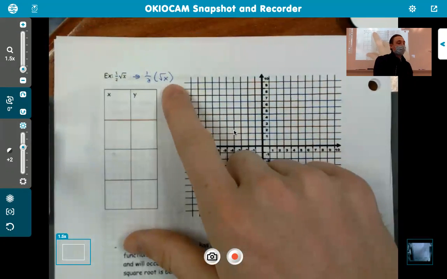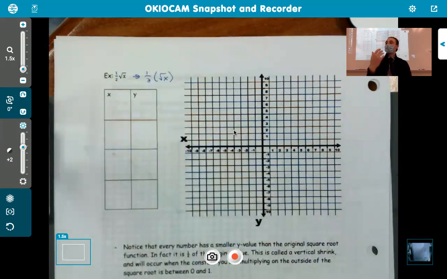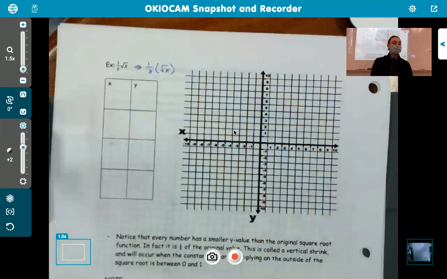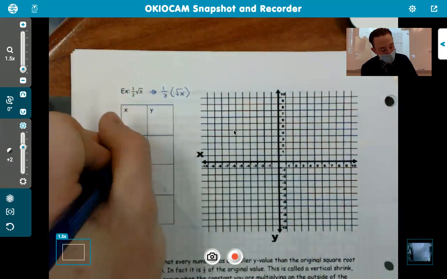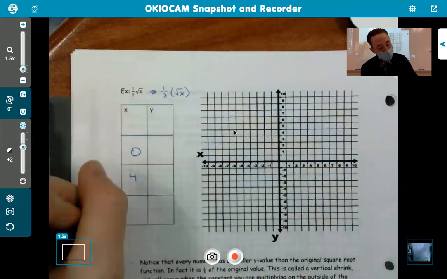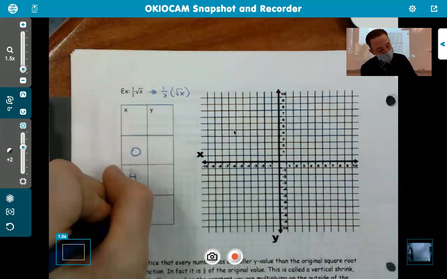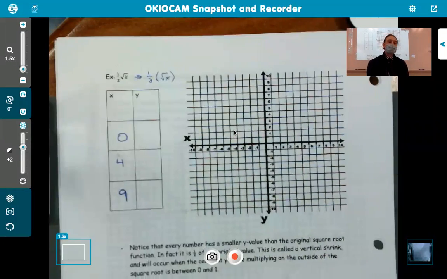There's nothing that's being added or subtracted to that. I want to choose values that'll give me even integers on the outside. Nicer numbers to work with. So 0, 4, and 9 works.